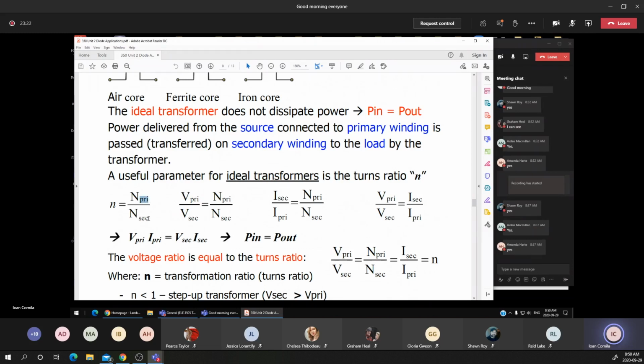SEC is short for the secondary winding. Uppercase N is the number of turns, or how many turns the secondary winding and the primary winding have in them.